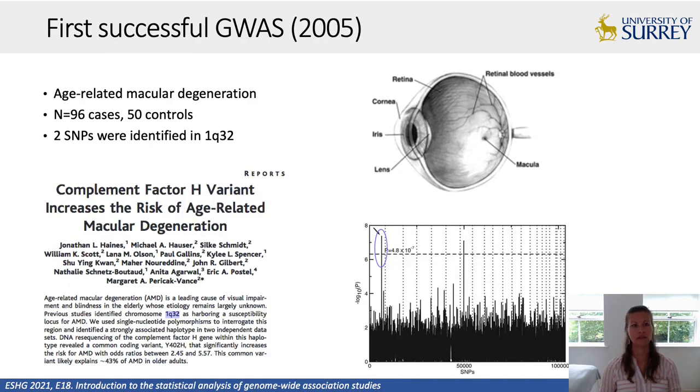The first successful GWAS was reported in 2005 for age-related macular degeneration.